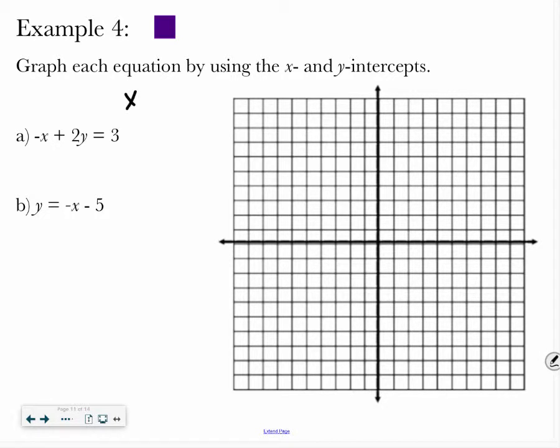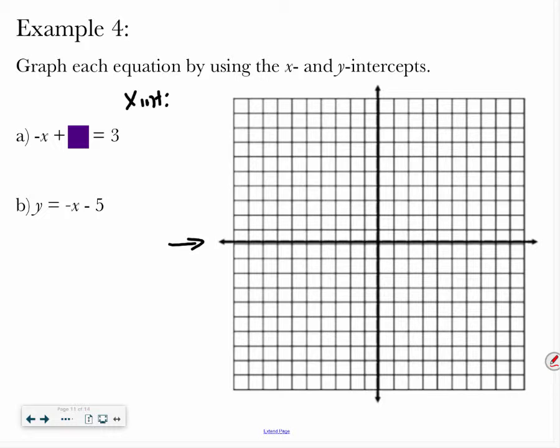So for our x-intercept, we need y to be 0, right? We need the y value to be 0 in order to be on that line. So if we plug 0 in, that goes away because 2 times 0 for y is 0. So I have negative x equals 3.